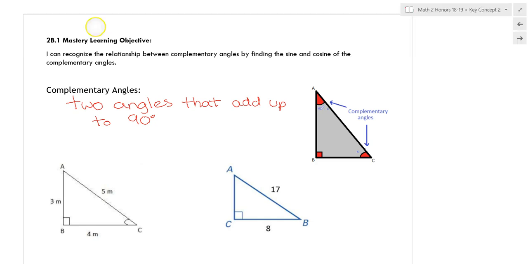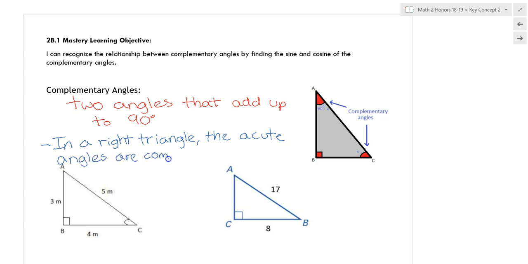They don't have to be in a triangle. They could be any two angles. However, in a right triangle, the acute angles are complementary, no matter what.